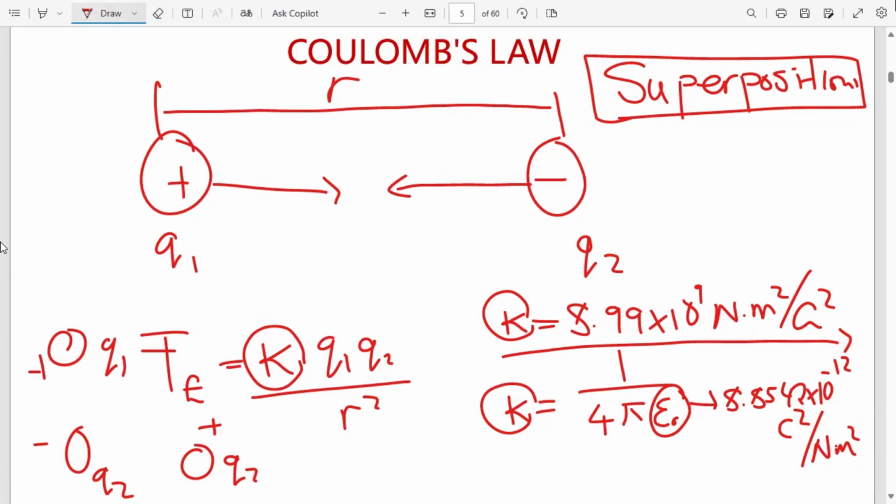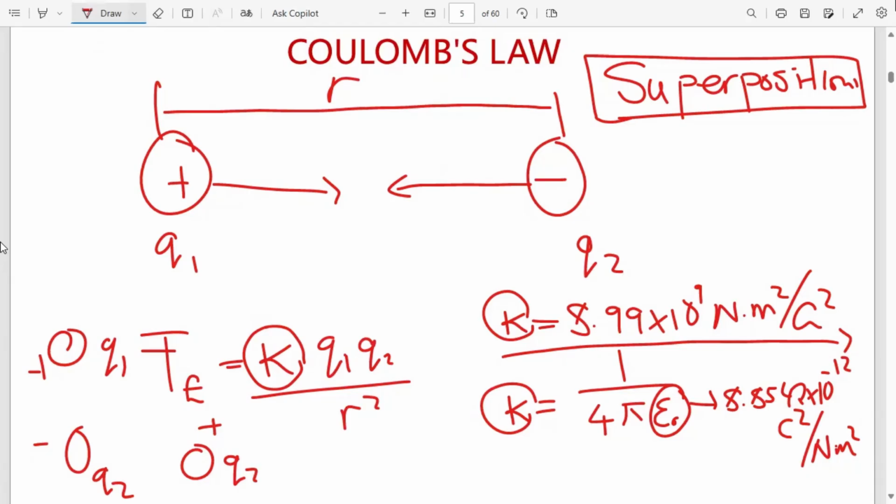So how do you calculate the net force on such charges? When the forces are superimposed, the total force on one charge is the vector sum of the individual forces, which means we're supposed to apply the knowledge that we learned on vectors. I hope you haven't forgotten about that.